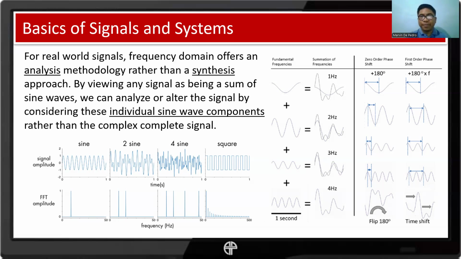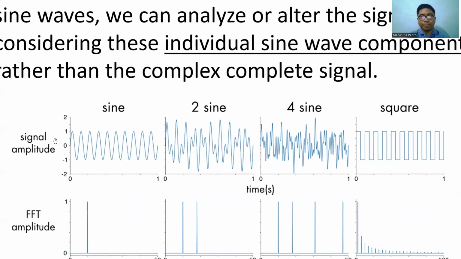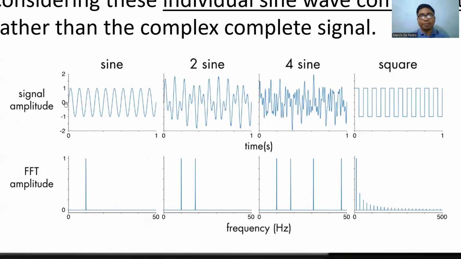Let's consider this one. Imagine this is a sine signal, one sinusoidal signal. If we look at its side view, then we can only see one signal in the frequency, right?